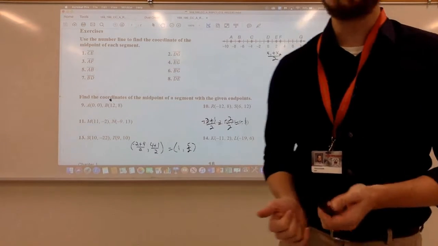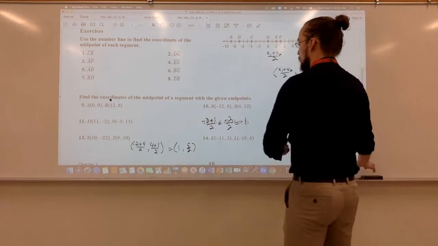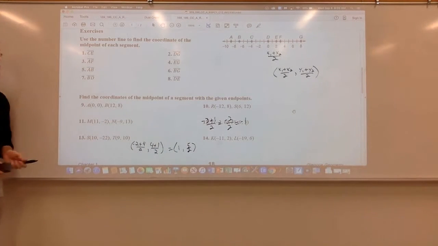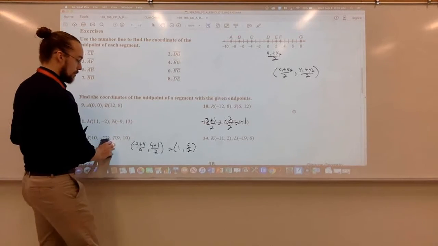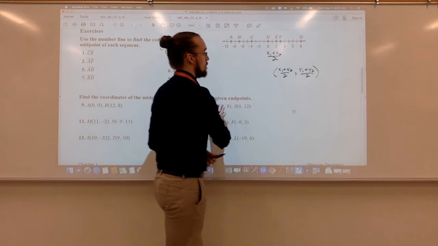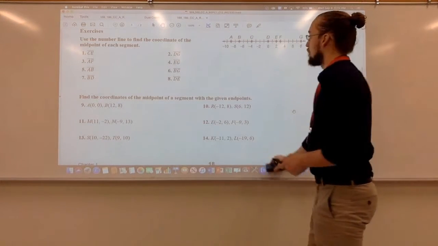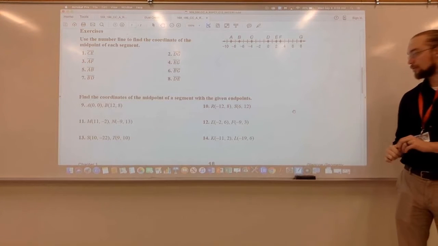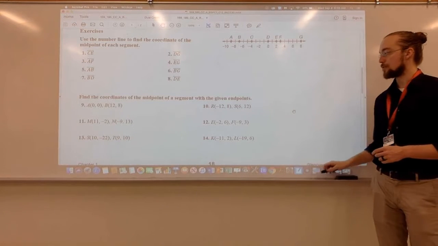Okay, and then we can jump down, find the coordinates. Find the coordinates of the midpoint of these 2-dimensional ones. Okay, so let's take 7 or 8 minutes here and try a few of these. You guys can work together, right? Talk about these, make sure that you are all getting the same answers.